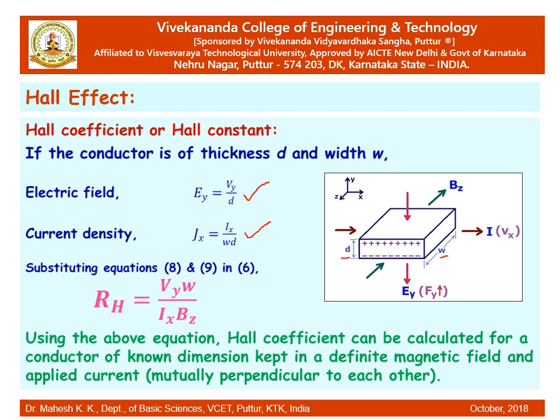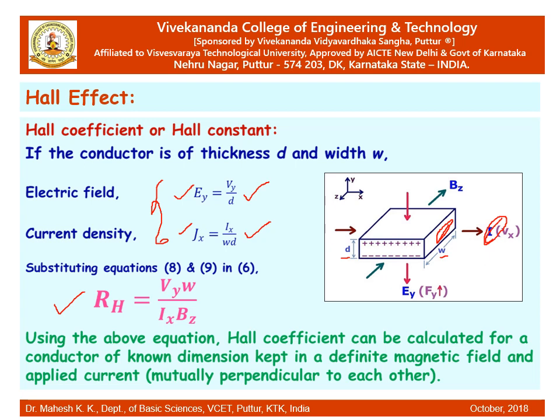Then substituting these two equations, Ey and Jx, in the Hall coefficient equation, Ey by Jx into Bz is equal to Rh from the previous slide, you are going to get Rh as equal to Vy into W divided by Ix into Bz.